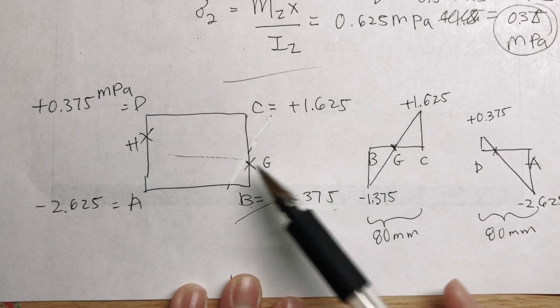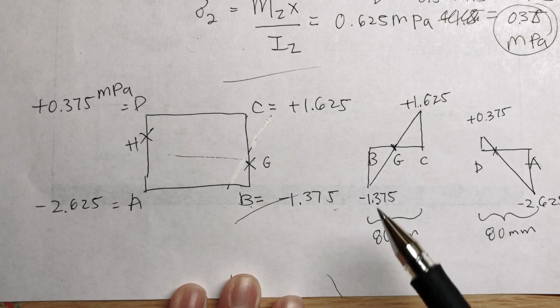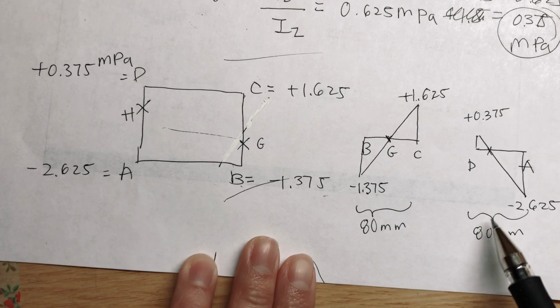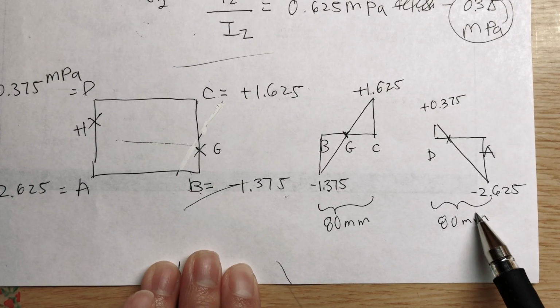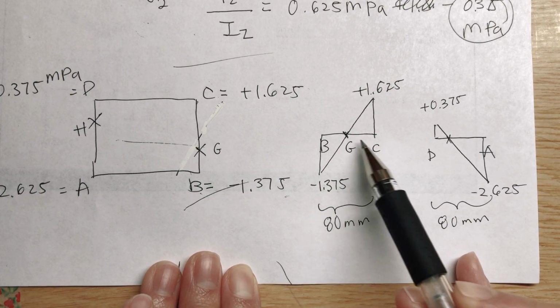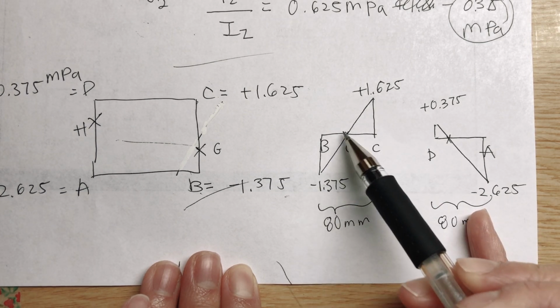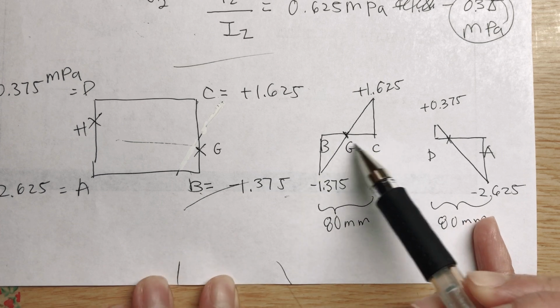How do you find points H and G? You do what we've done before, just similar triangles here, and use ratios to find the point where this linear line crosses the horizontal line here.